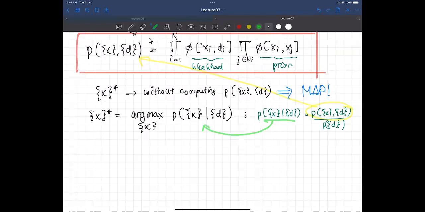What we know is the joint probability, so this one is called joint probability between T and X. And this one is called posterior.